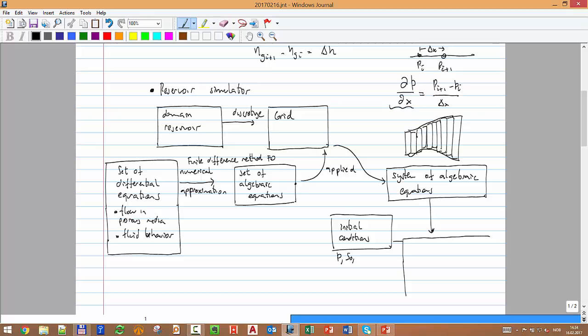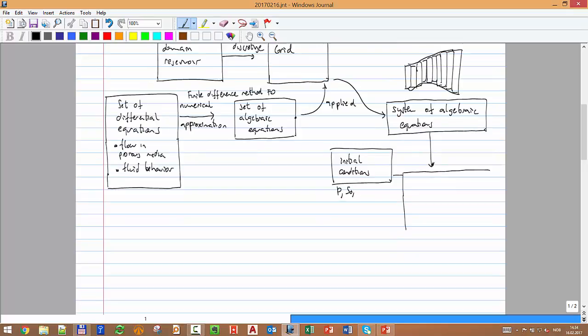What conditions you have. There are some special cells in this grid that have what we discussed last time. We have either a rate or a pressure. So we also need some boundary conditions.